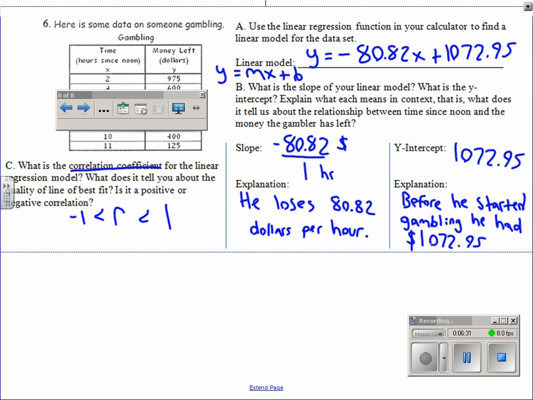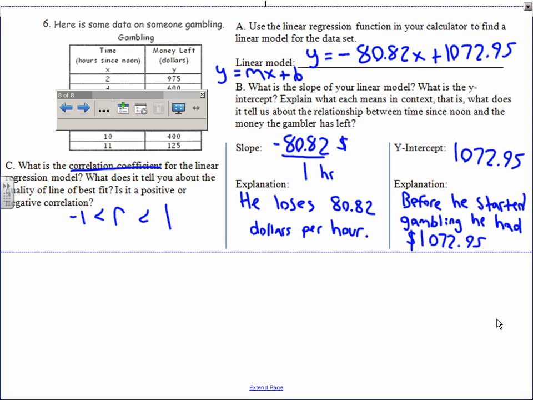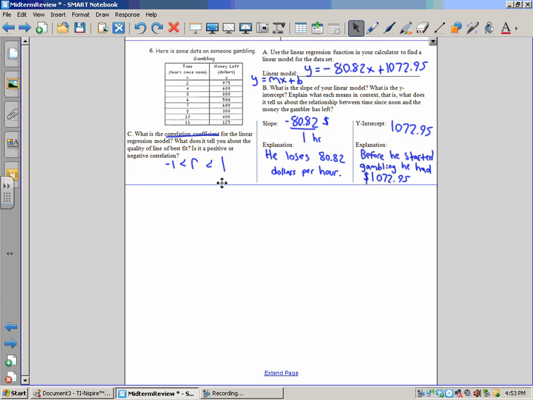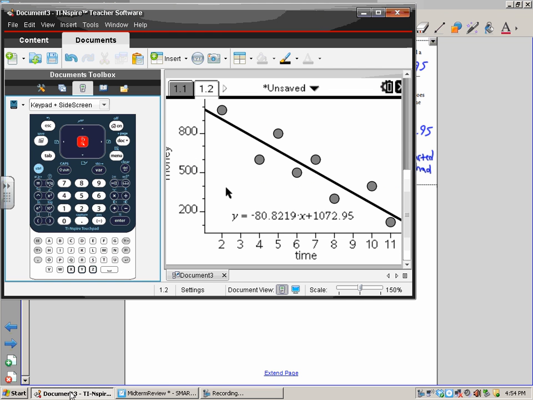The closer it is to 0, the worse the fit is. So we need to go back to our graph. So you can see that it doesn't really pass through any of the data points directly, but it kind of shows the general trend. So it's going to be not the best fit, but it should be a decent fit.